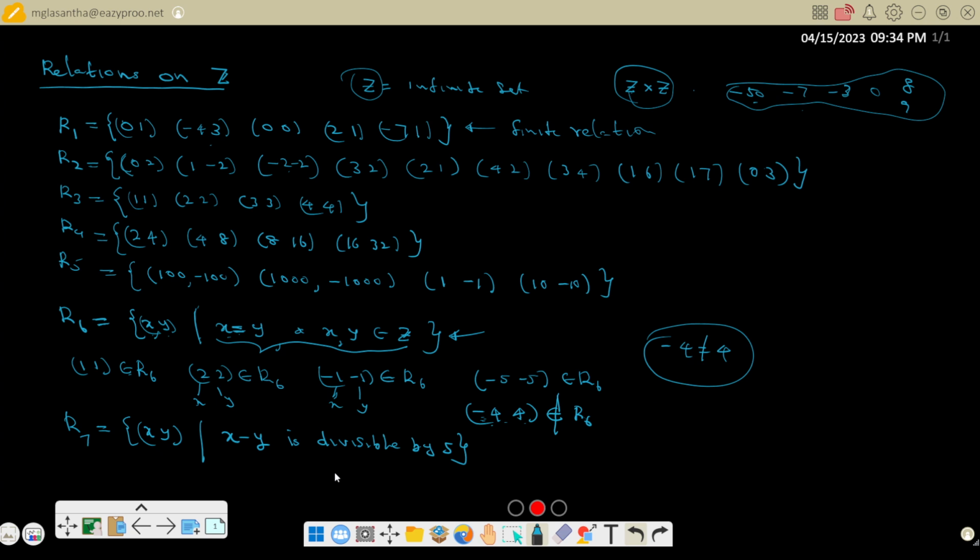Can you list out a few elements of R7? Actually, you can never list out all the elements of R7; you can just list a few. Can you tell me 5 elements of R7?